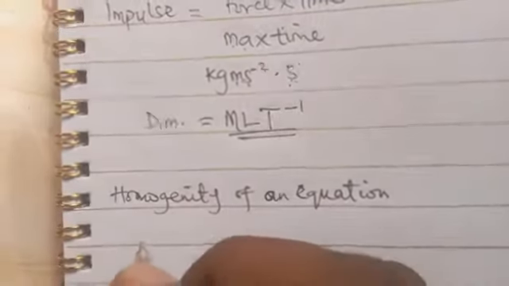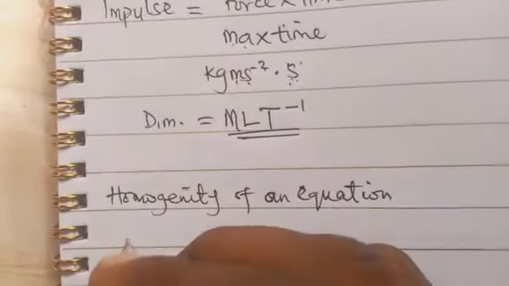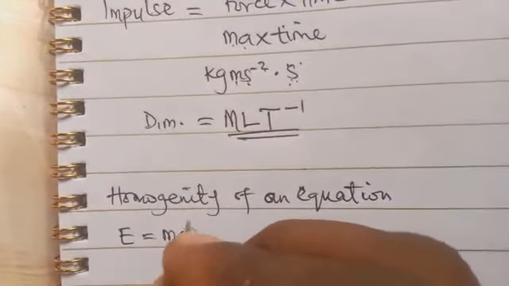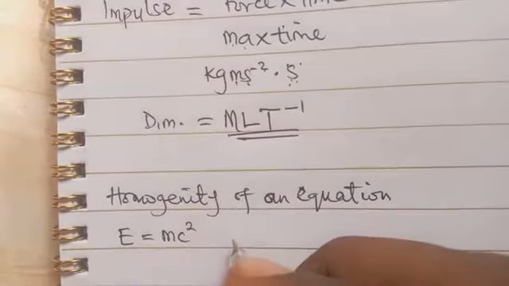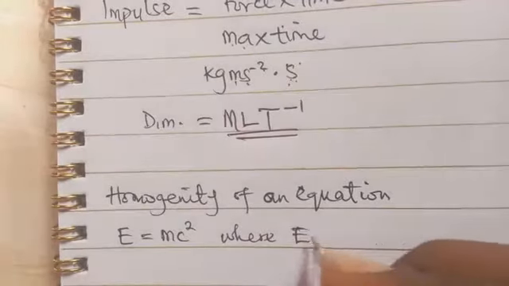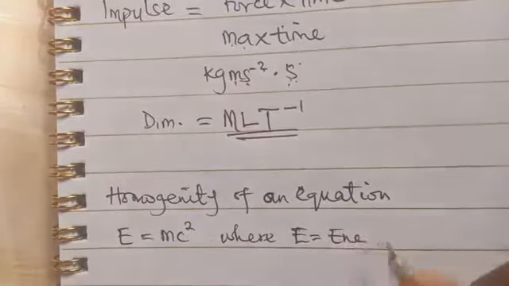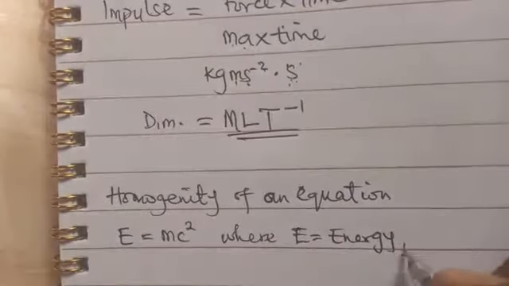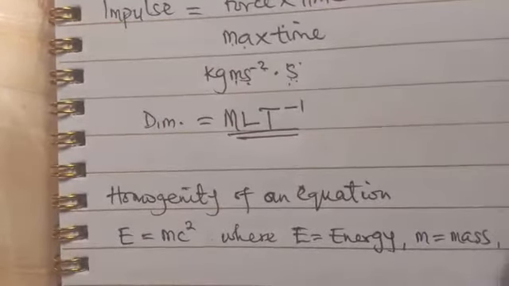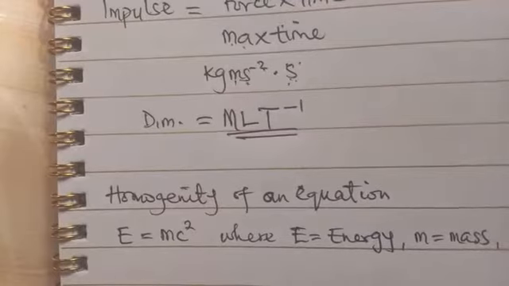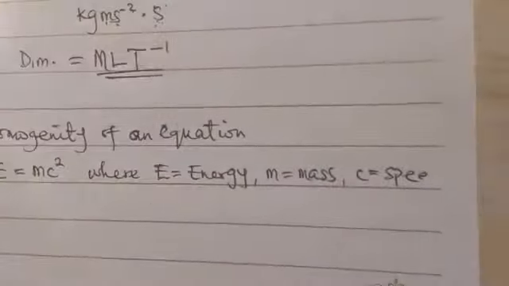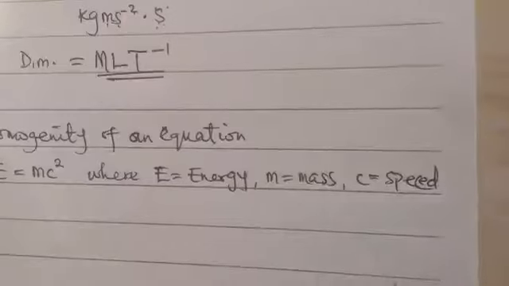What we mean by that is, let's take for example, we want to verify if E is equal to mc squared is dimensionally correct, where E is energy and m is mass. Of course, c is speed of light.